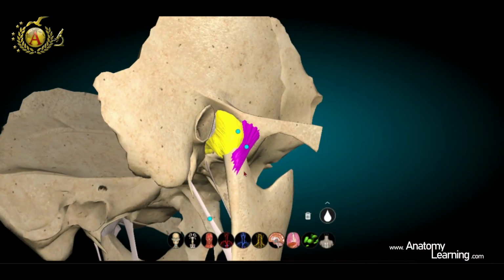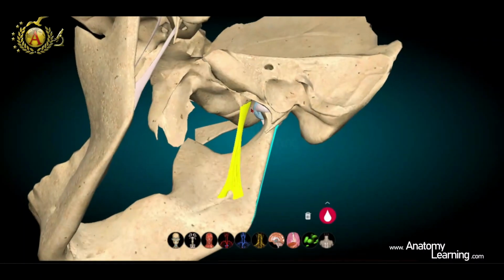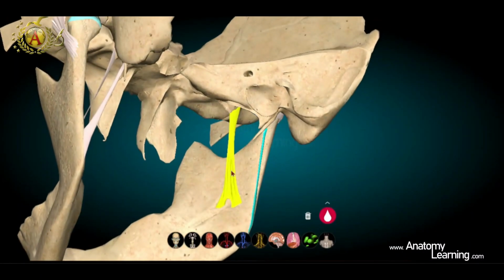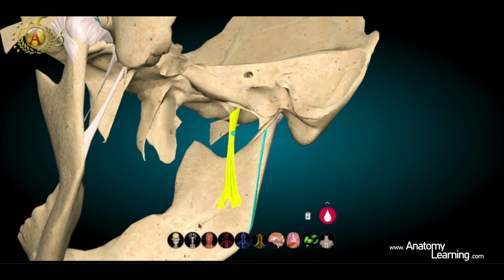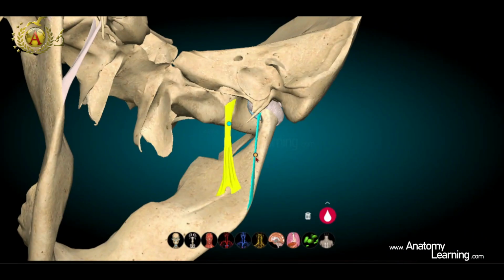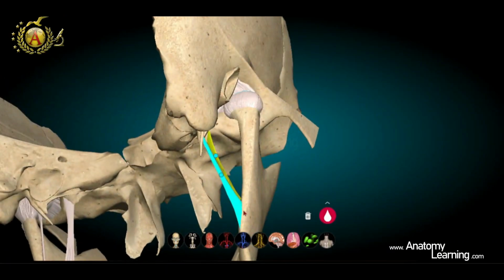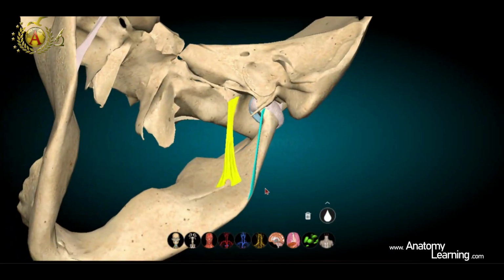The sphenomandibular ligament, which originates from the spine of the great wing of the sphenoid bone, and then forks at the level of the mylohyoid groove. The stylomandibular ligament, which arises from the styloid process of the temporal bone and inserts into the posterior side of the jaw corner.